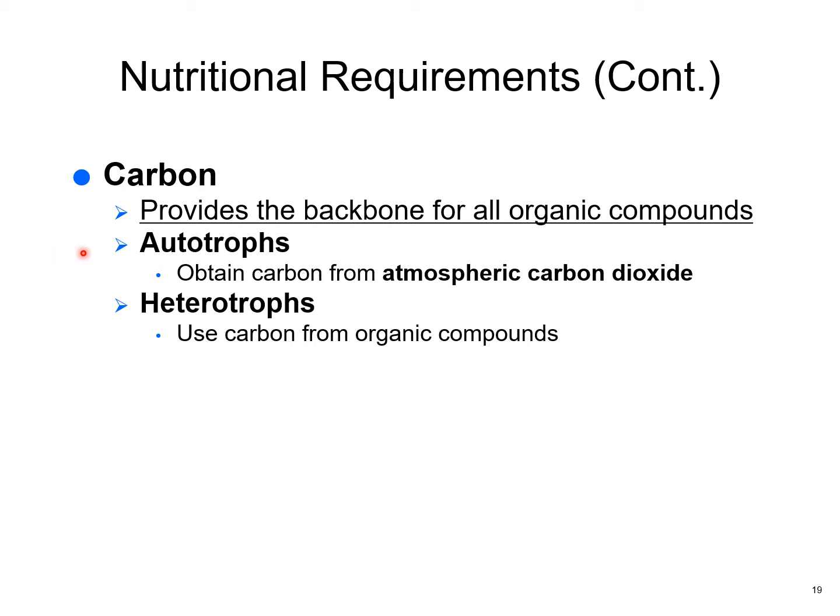We have autotrophs that get their carbon from the atmosphere, and heterotrophs that use their carbon from organic compounds. We are heterotrophic. We can't just absorb carbon dioxide from the atmosphere and sit out in the sun and photosynthesize. We got to eat something. So hetero means you got to get it from organic materials. Troph means eat.